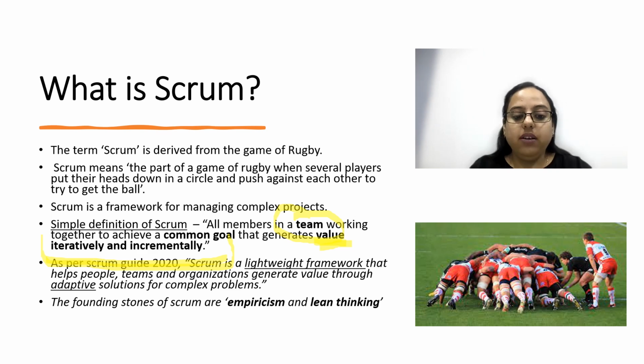So, the founding stones of Scrum are empiricism and lean thinking. Let's talk about empiricism first. Empiricism means learning from the past and then applying that learning, right? Whatever history is there regarding the performance of that Scrum team, whatever knowledge you have from your past experience, you take decisions based on that available past information.